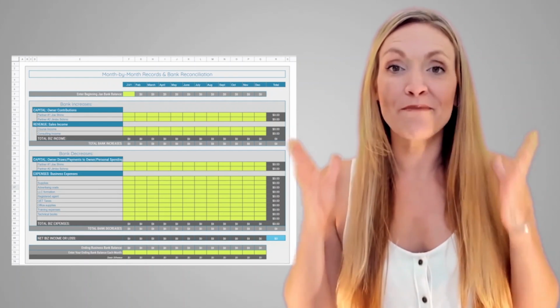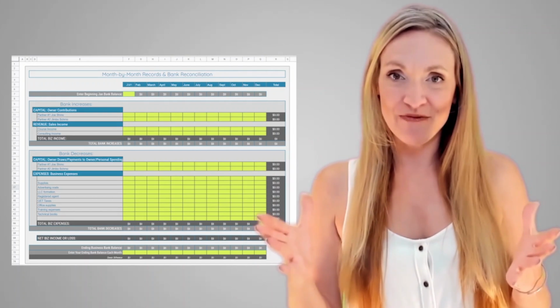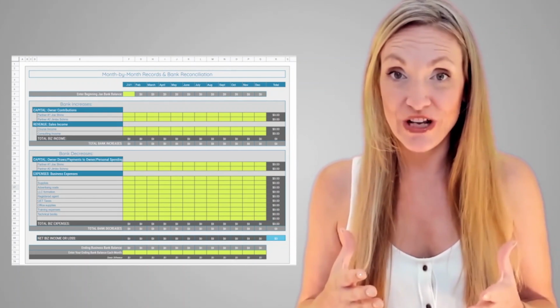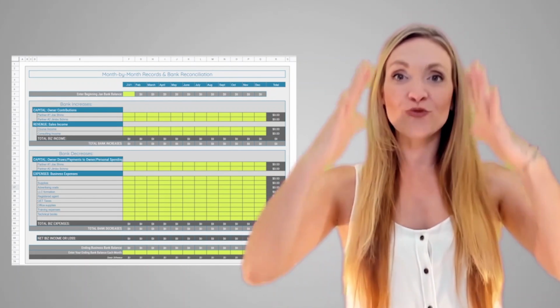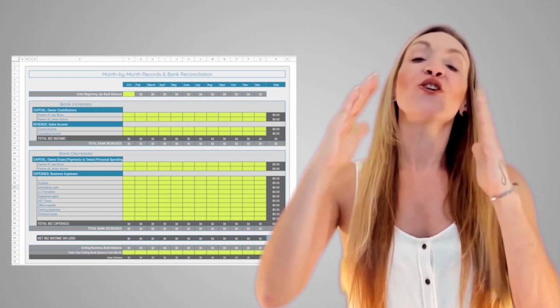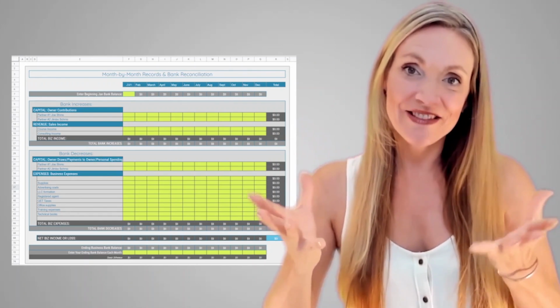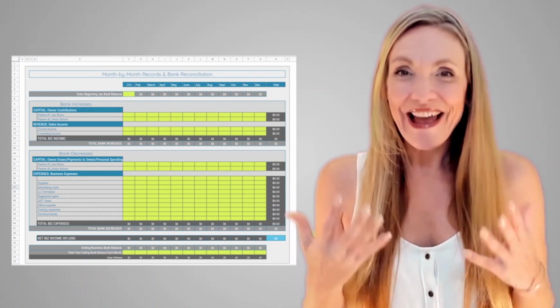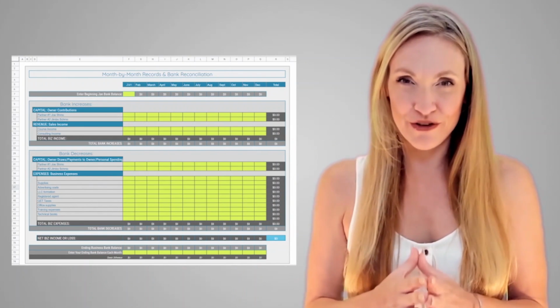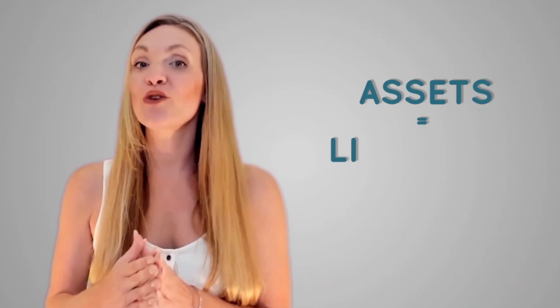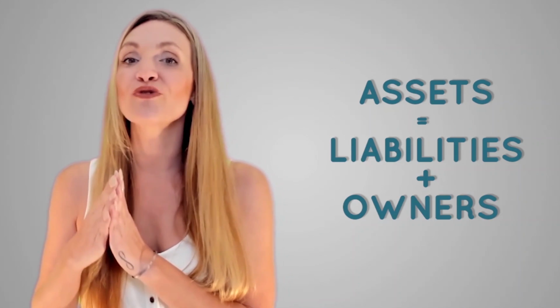Now, the next main point of accounting records is called the balance sheet. It's really the highest level report for a business that represents everything happening in the accounting records for that business. The balance sheet shows assets equals liabilities plus owner's equity.